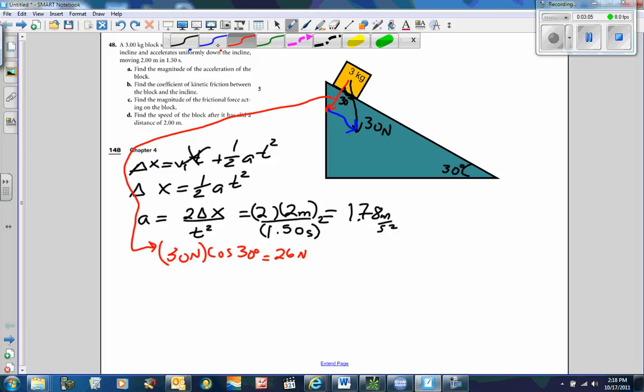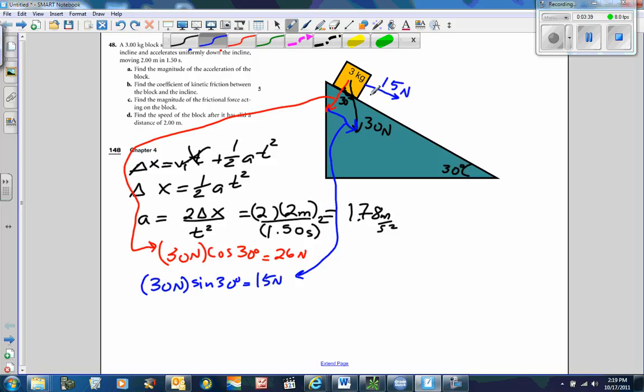The blue part, the hypotenuse is 30, and it's opposite the 30-degree angle, so it's going to be 30 newtons times sine of 30 degrees, and that's going to equal 15 newtons.